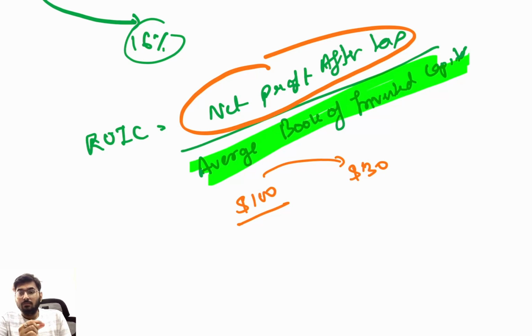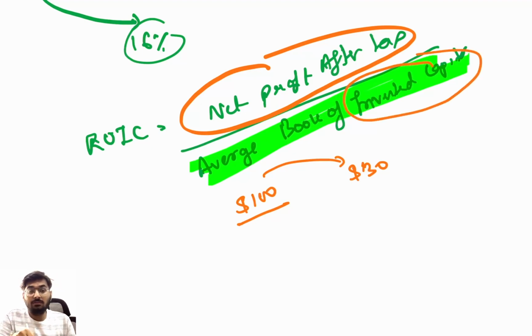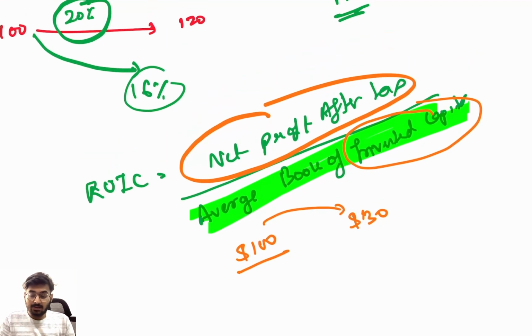Now over here, one more very important point which students sometimes miss. You have invested capital not only of the equity shareholders, you have the invested capital of the debt holders as well. Clear? So in the net profit, you have to add back the interest cost as well.